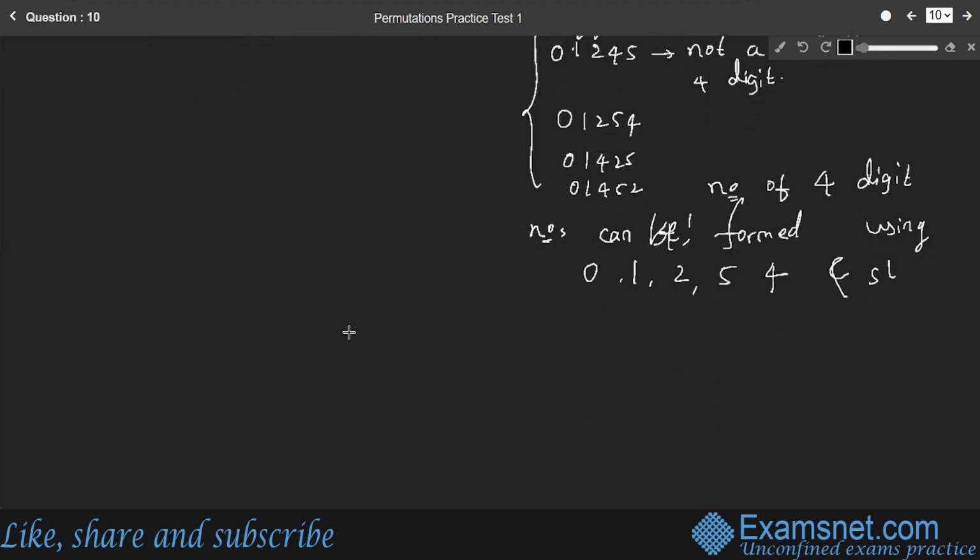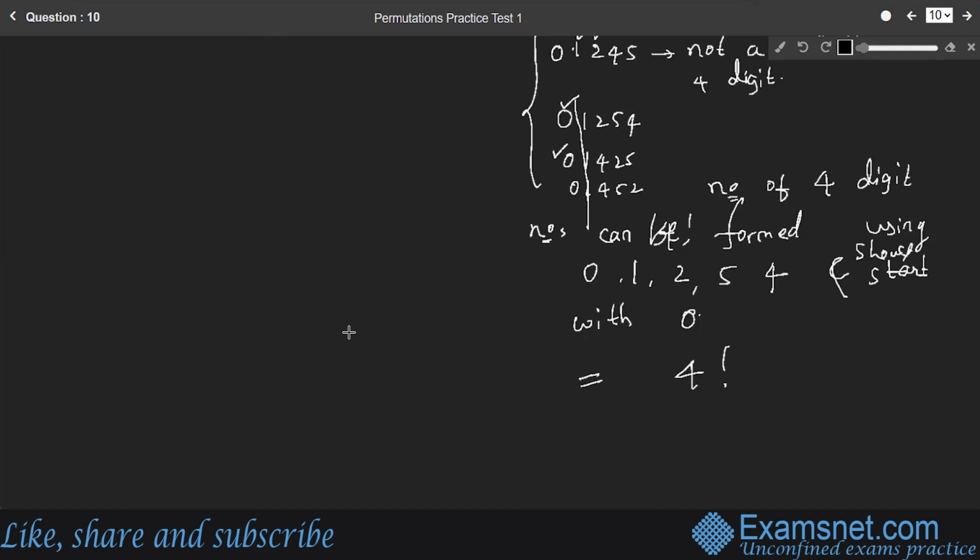And start with 0. Here the condition is that the number should contain 0, and it should start with 0. Of course, the number contains 0, but when we consider the number of values, we do not consider the first value.